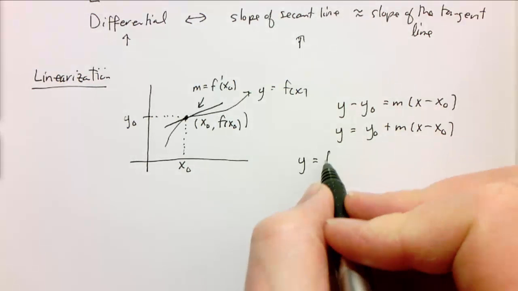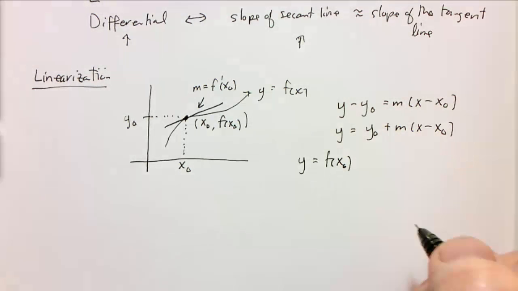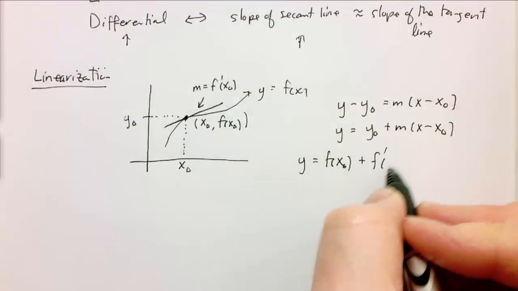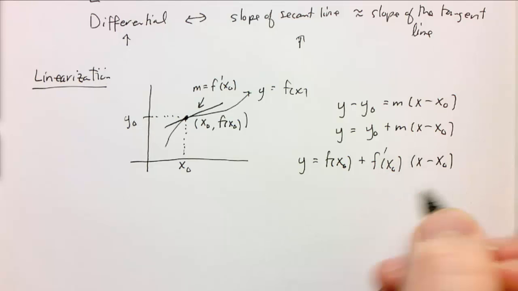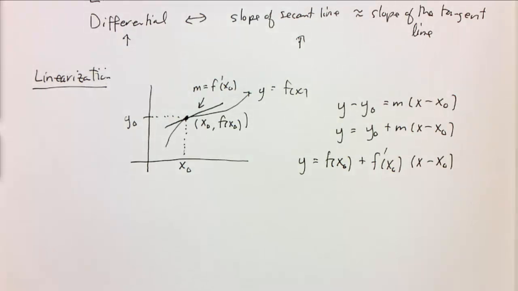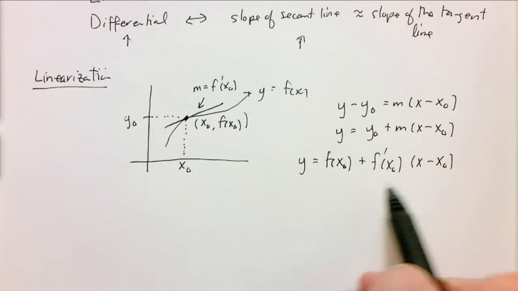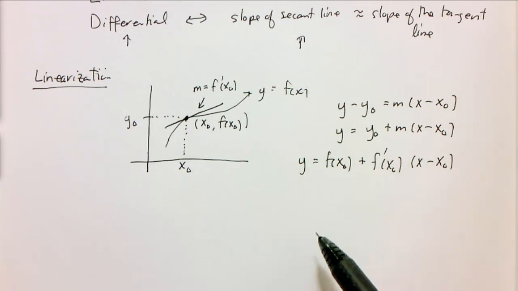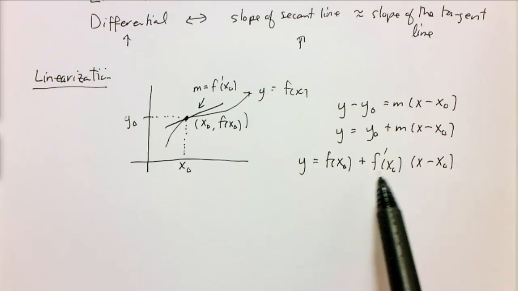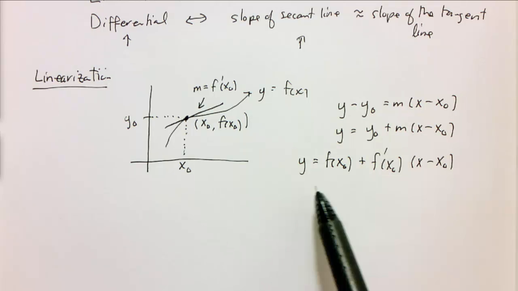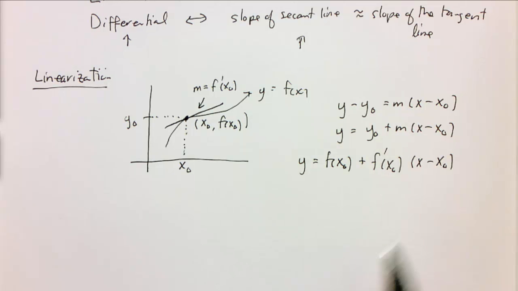Well, that's the same as the function evaluated at x0 plus f prime at x0 times x minus x0. So x0 here is a number. Right? This is the equation of a tangent line. Maybe it looks a little different than the kind of equation we've been using because we often use slope-intercept form like mx plus b, or we start here with the point-slope form. But it's exactly the same equation, just rearranged.